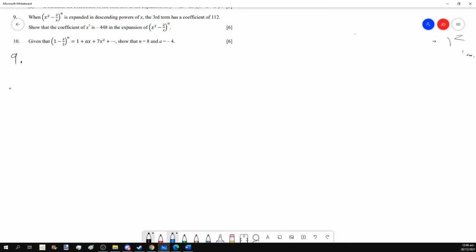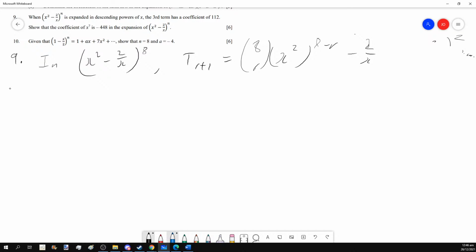So I will simply say that inside x squared minus 2 over x, to the power of n, which we now know is 8, the general term T r plus 1 will be n choose r, a to the power of n minus r, b to the power of r. We can go on to simplify this result.